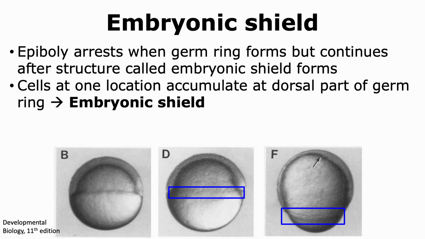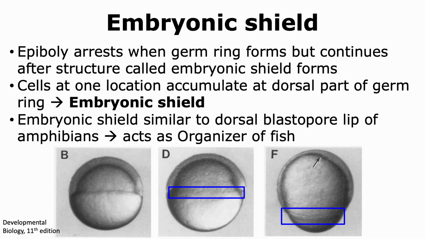And so in the case of panel F, most of the yolk cell is being covered by the epiblast. Now the embryonic shield is similar to the dorsal blastopore lip of amphibians in terms of its function, in that it acts as an organizer of the fish.